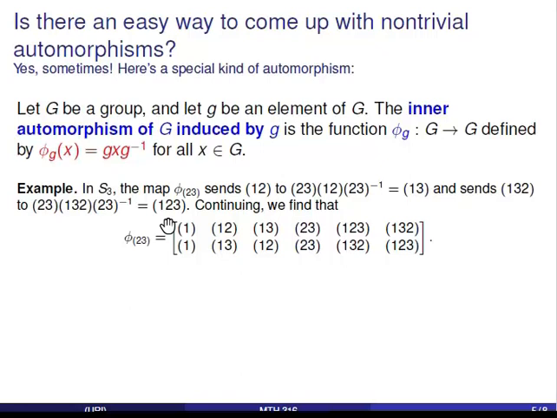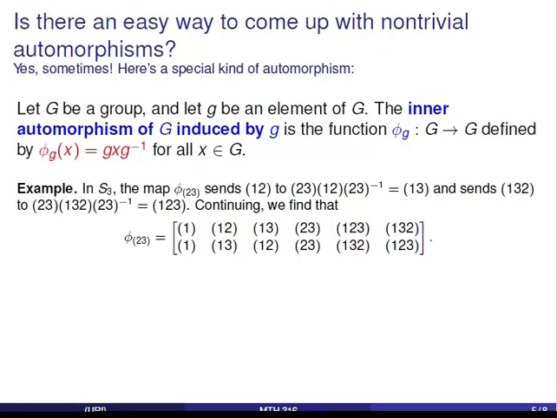If we write out the results of conjugation by 2,3 on every element of the symmetric group S3, we get the display here, where the elements in the first row are each sent to the element underneath them, and we see that as we saw above, 1,2 is sent to 1,3, and 1,3,2 maps to 1,2,3, but the other elements are also written out.